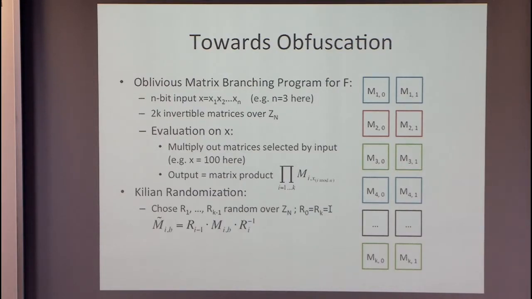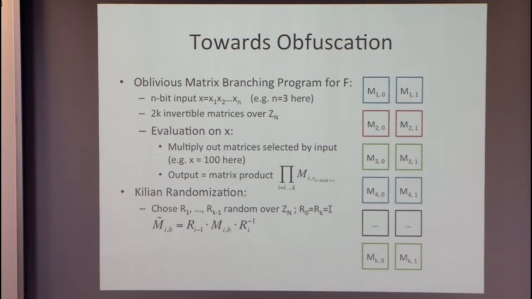And then what we can do is we can take each of these matrices and left multiply by Ri minus 1 and right multiply by Ri inverse, right? And this is really nice, right? Because this preserves the iterated product, right? Because these R matrices exactly cancel out, right? And the other nice thing is it has this sort of structured noise flavor to it, right?